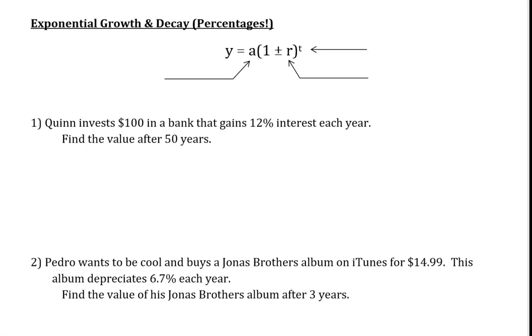So the a is still the initial value, like before. The r value, this is the growth or decay rate.